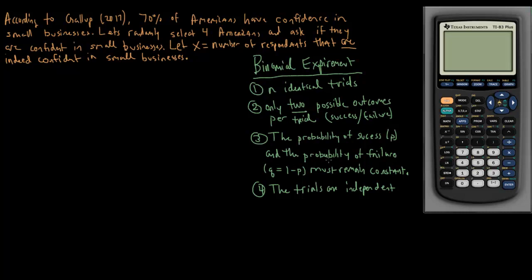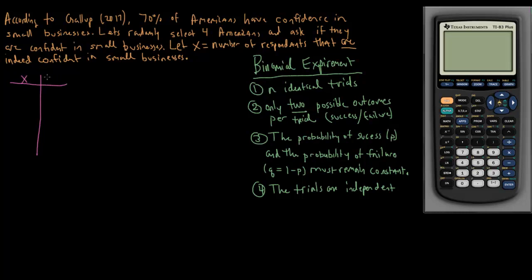Now, here is how we create the distribution, the chart with the probabilities and outcomes, if we have a binomial experiment. So we go over here, and we say, okay, we have a chart. Now, what are the possible outcomes?